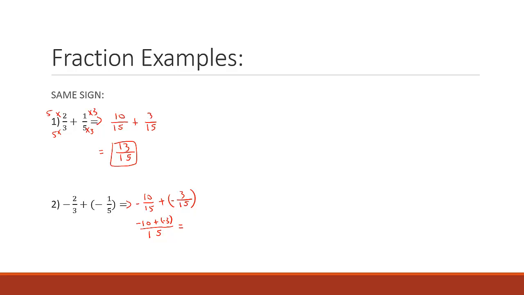Using the rules that we just learned, I'm adding numbers with the same sign. They're both negative. So I would add the absolute values of those numbers, 10 plus 3, which is 13, and keep the sign. So negative 13/15. And that negative can go up top with the 13 or out to the side of the fraction, either place.